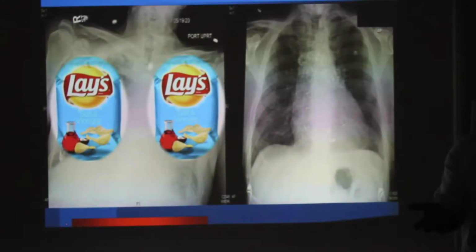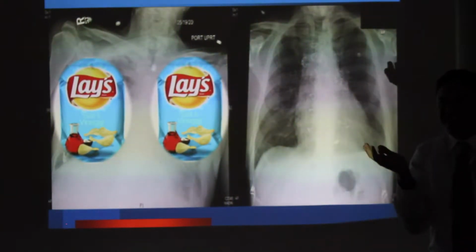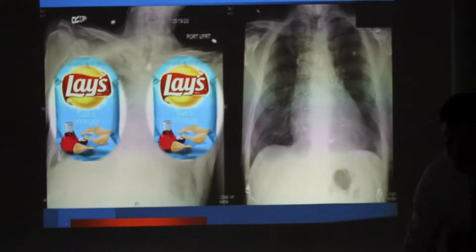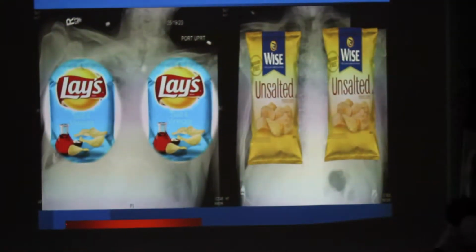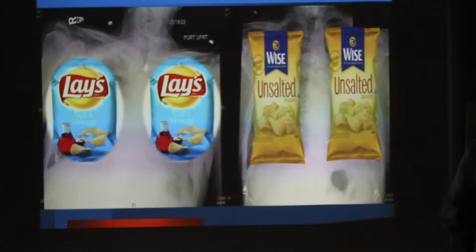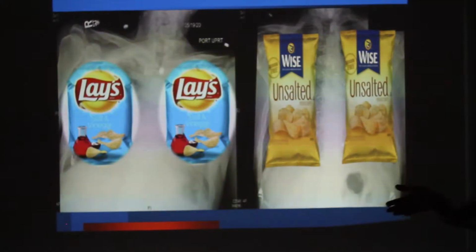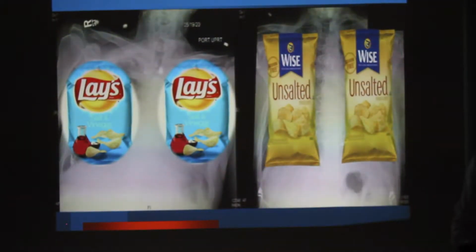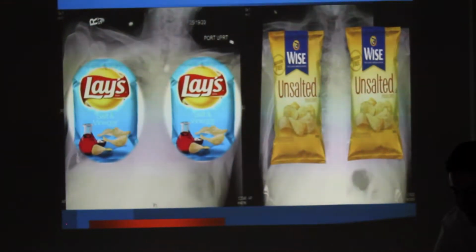I took all the chips away from him. He felt bad, almost gave me the look. He likes chips. And when I released him, I instructed him to take unsalted. Sometimes you find the answer in the patient room. I felt a little bit bad taking this.